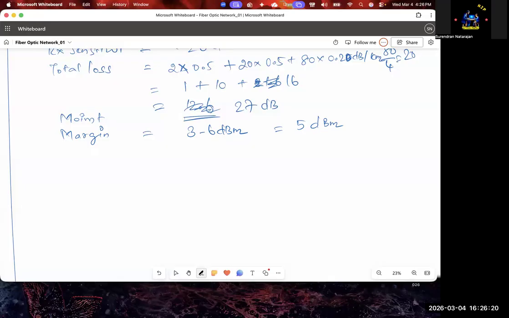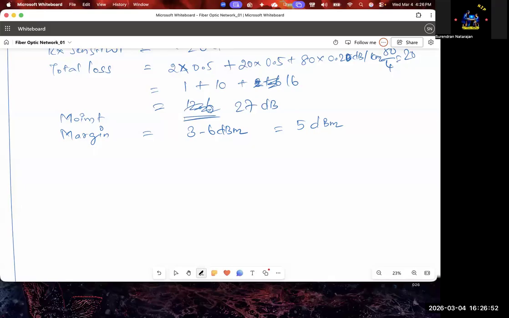Based on that database and the past trend, you will know that you are expecting this many cuts, on average one or two in a particular span. Based on that, you can come up with this maintenance margin. It is usually kind of a gut feeling only. That is why they keep it at 3 to 6. By experience, you will come to know this number.